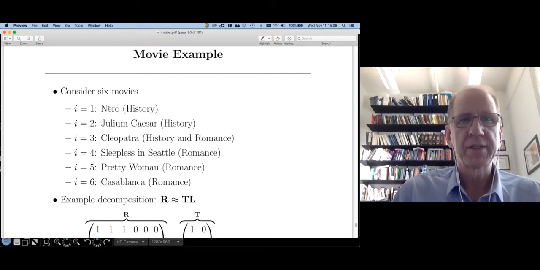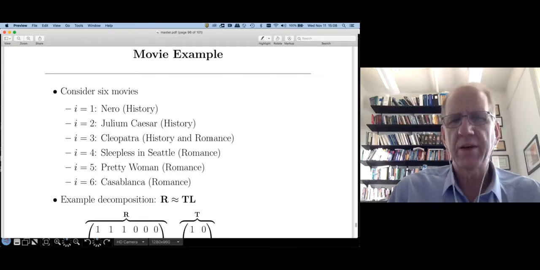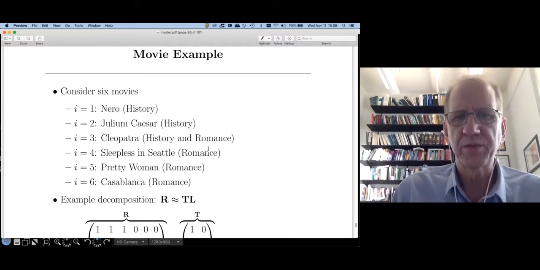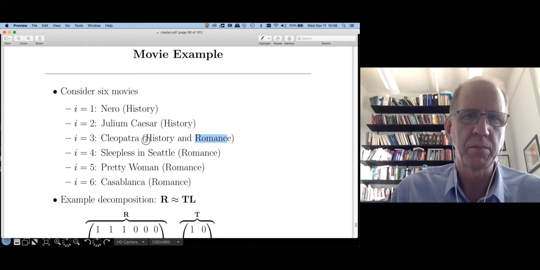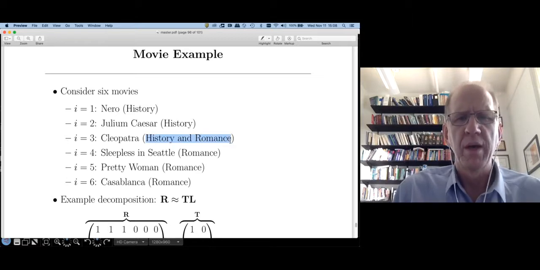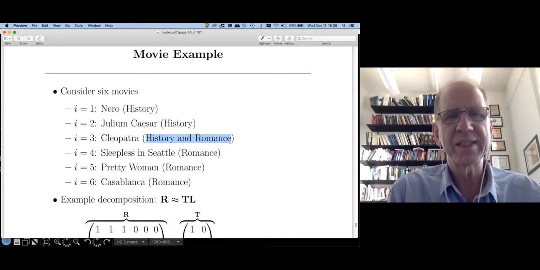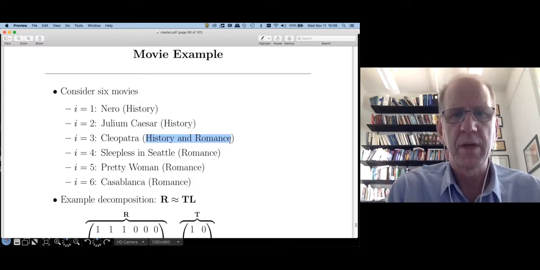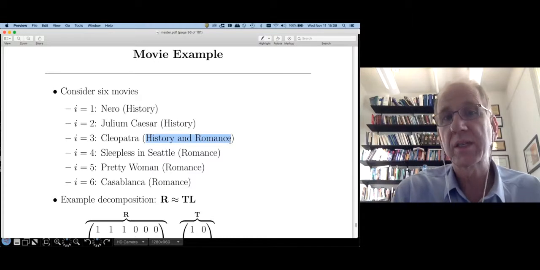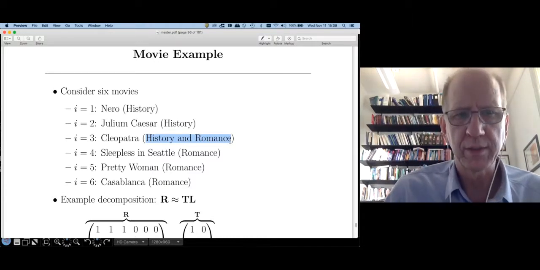Suppose I have 6 items. So these are different movies. This is going to sound a lot like content-based filtering, where some of these are about history and some of these are about romance and some are actually about both. The difference is history and romance are not attributes that we decided on ahead of time. History and romance are these latent factors that were discovered by our estimation routine.